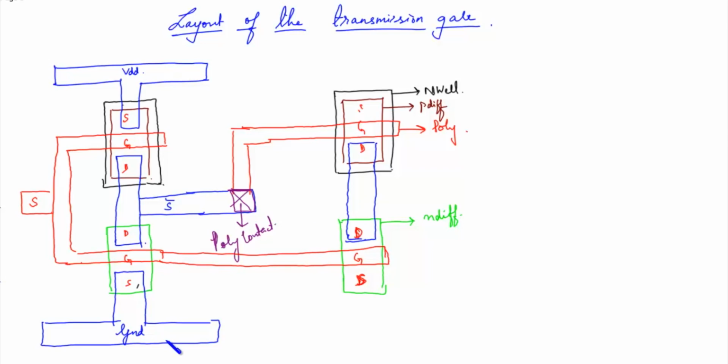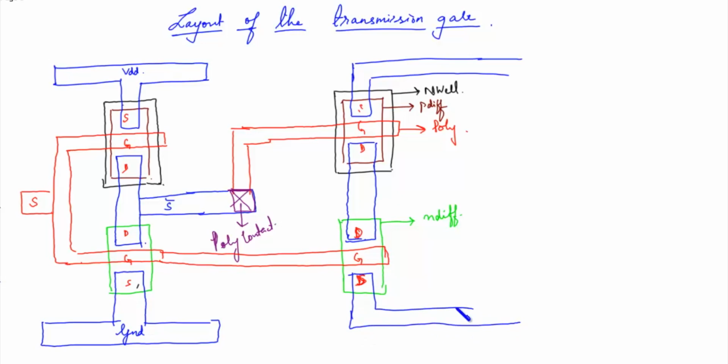Now the sources of PMOS and NMOS in a transmission gate are connected. Just connect from here. So the source gives you the input.